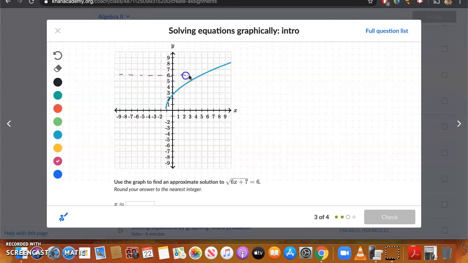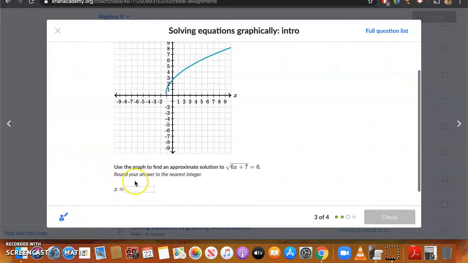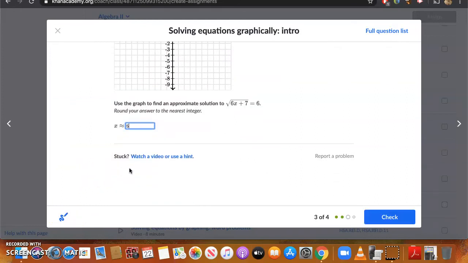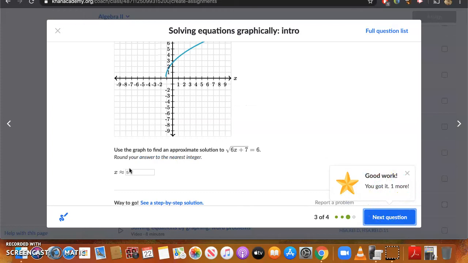Sorry, it's not neater. And it says round your answer to the nearest integer. So it looks like the intersection point is going to be right there, which is approximately x equals 5, if I'm not mistaken. So let's put it in. 5, and that is correct.